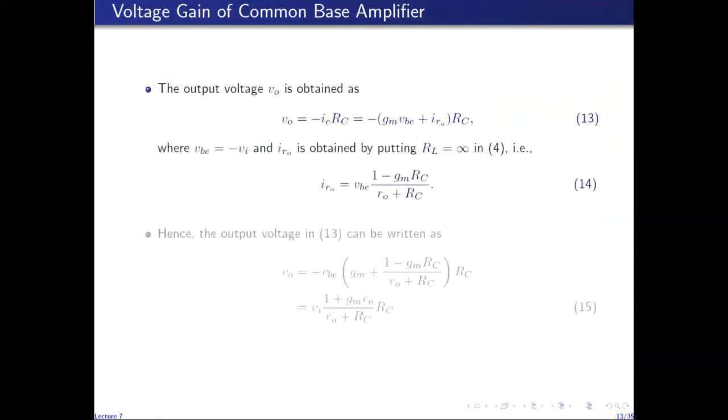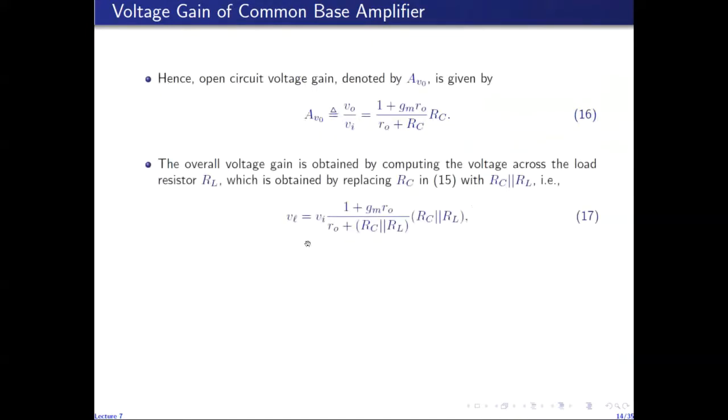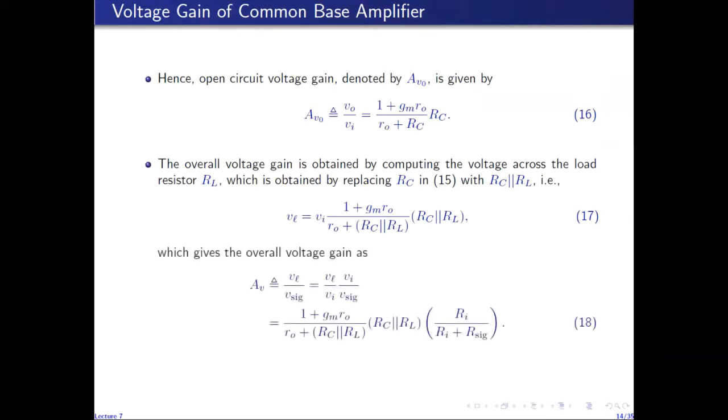which I obtained through this shortcut of replacing RC with RC in parallel with RL. So you will exactly get this result. Similarly, once we have this load voltage, I can divide on both sides with Vi, and I will get this factor as the overall loaded gain of the common base amplifier multiplied with this factor.